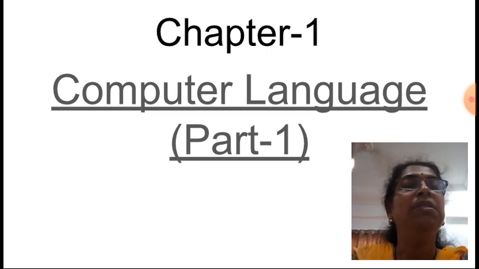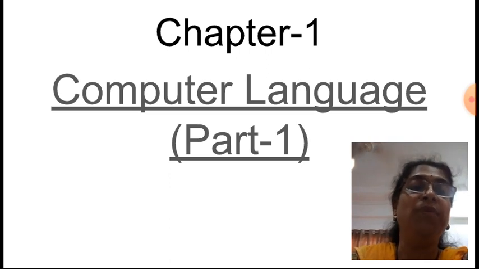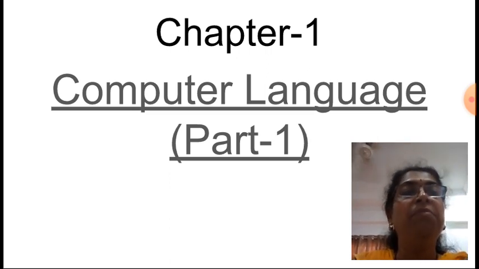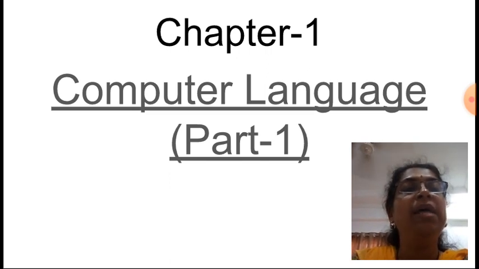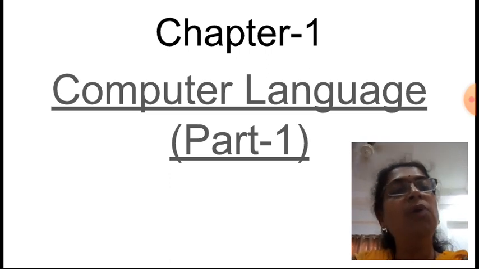Now, input devices means the devices through which we are giving data, information to the computer, that is called input device. Whereas, the output device means the device through which we are getting the output.